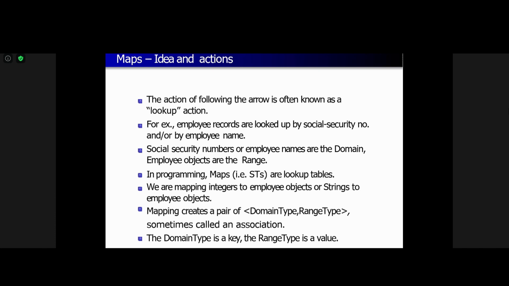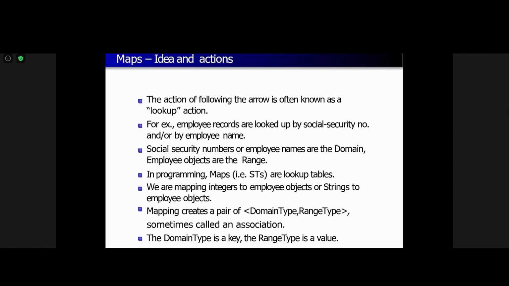So with employee records, you might be looking up by social security number, or more likely employee ID number, or maybe employee name. In that case, we have the social security numbers, which do nicely fit in an int, or the string names in the domain, and the employee objects are in the range.